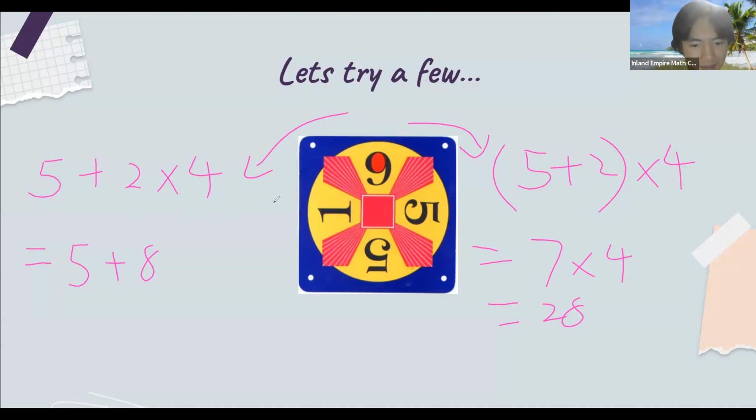Does that make sense? Yes, but I still have a question. How does it make a difference? Like 5 plus 2 times 4, how does it make a difference with the parenthesis and without the parenthesis?